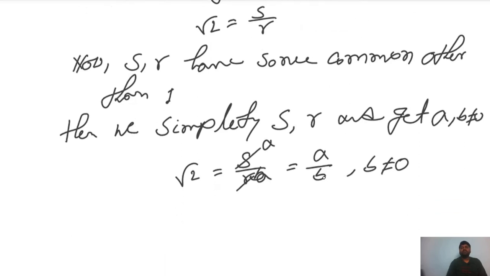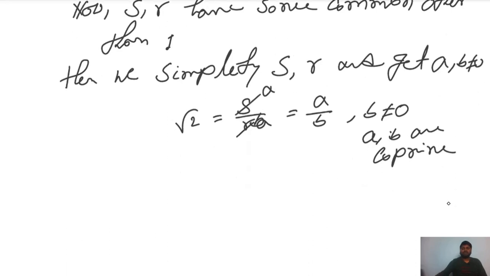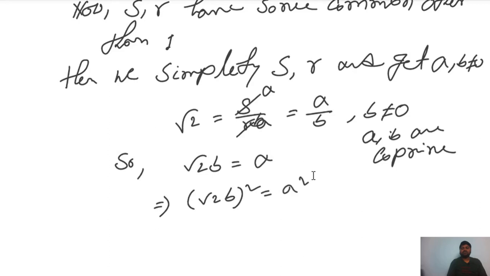Co-prime means they have no common factor other than 1. 1 is always common to any two numbers, but other than 1 they have no common factor. So we cross multiply: root 2 b equals a, and then we square both sides: root 2 b the whole square equals a square.